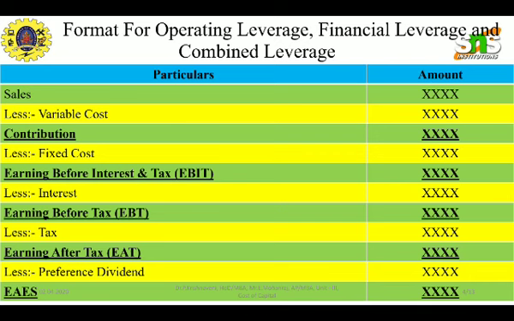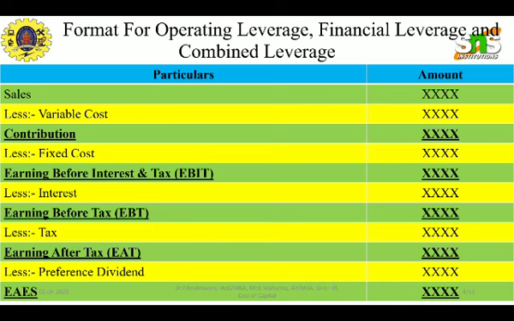Then this is a format for identifying the contribution, earning before interest and tax, earning before tax, earning after tax, and final profit of your firm or business. Let's see the particulars and amount. The first one is sales.